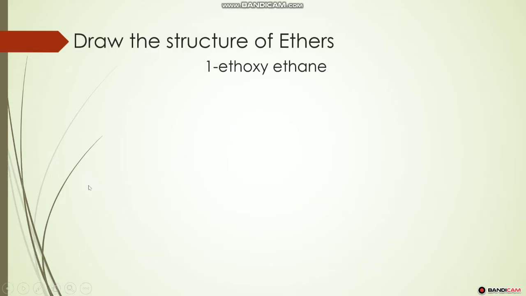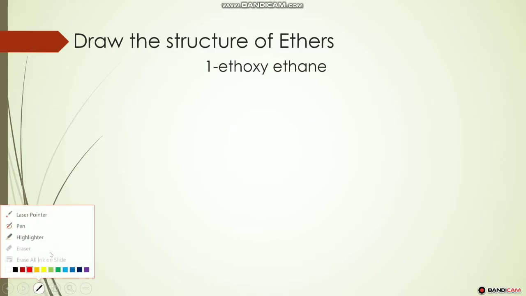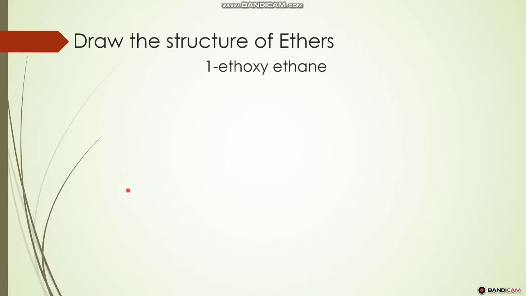Drawing the structure of ethers. Let's try this example, 1-ethoxyethane. To draw the structure of this molecule, let's first find out the longest chain. So we have the ethane. Ethane stands for 2 carbons. Okay, so this is now our parent chain.